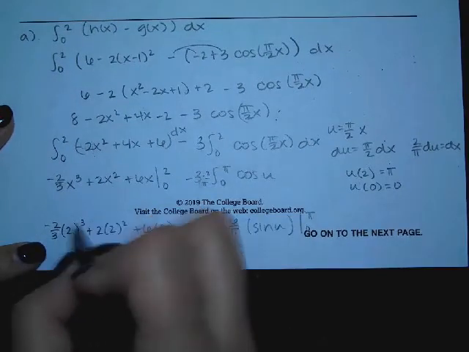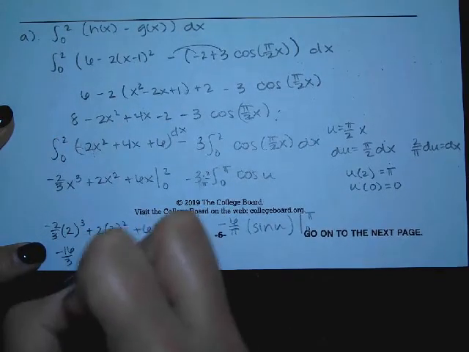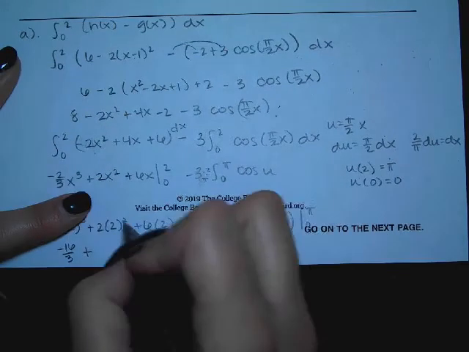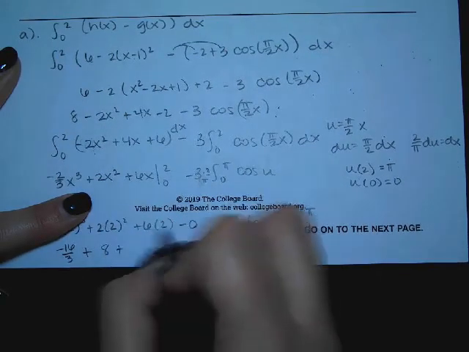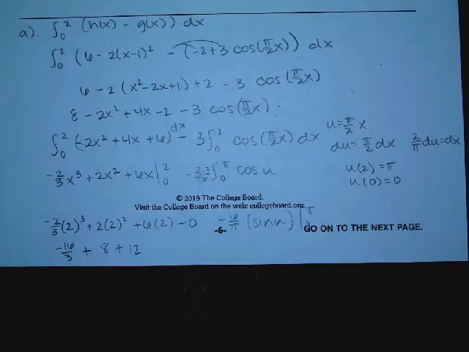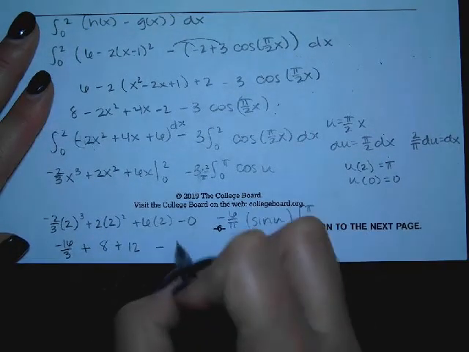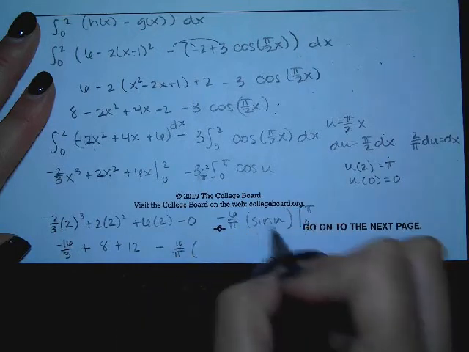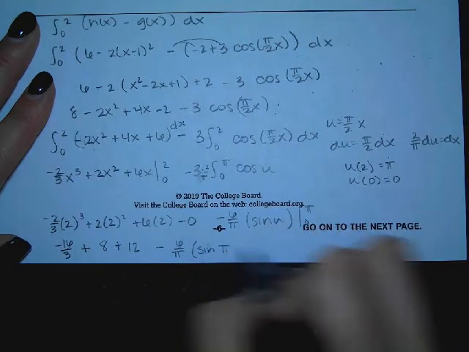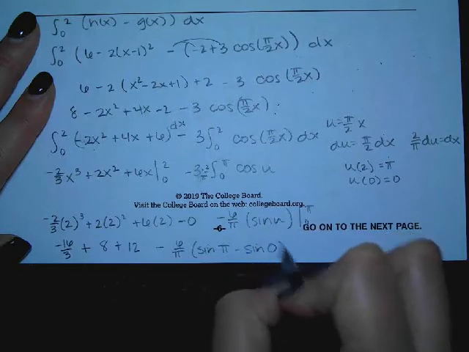So 8 times 2, I've got negative 16/3 plus 4 times 2 is 8 plus 12. And then I've got minus 6 over pi times sine pi minus sine 0.